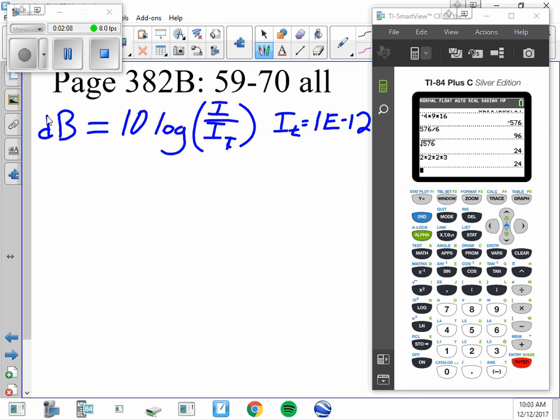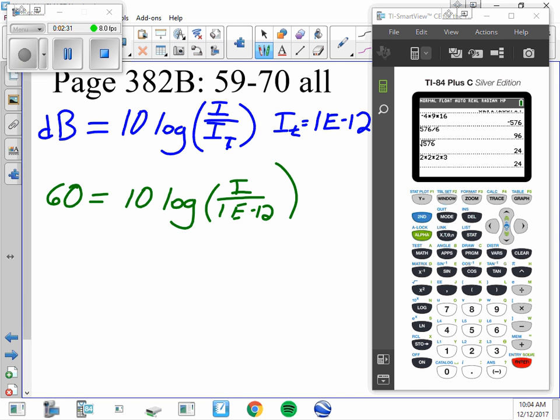Normal talking is about 60 decibels. So if I write 60 is equal to 10 log of I over 1e to the negative 12, how do I solve for I?